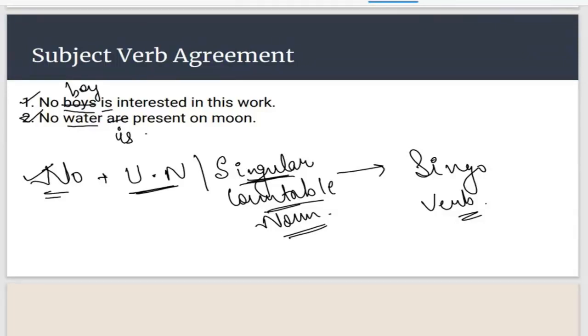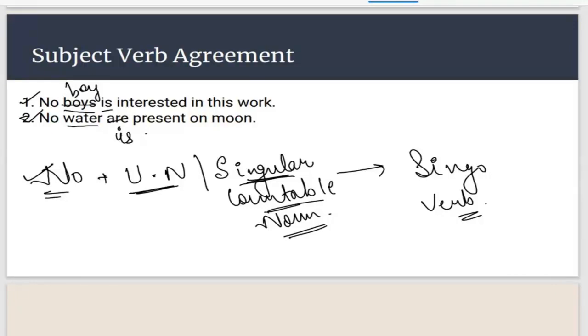Whenever two subjects are connected with the conjunctions neither, nor, either, or, not only but also, then the verb will agree according to the nearby subject, subject 2.